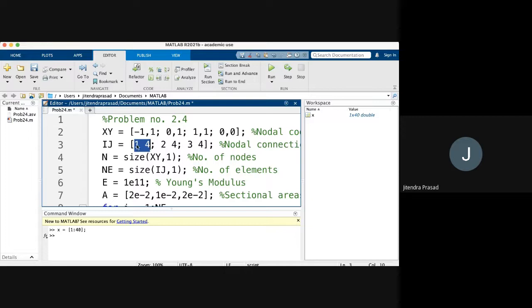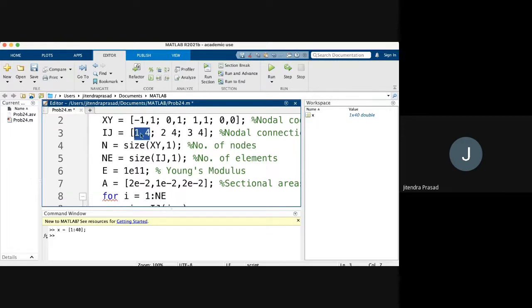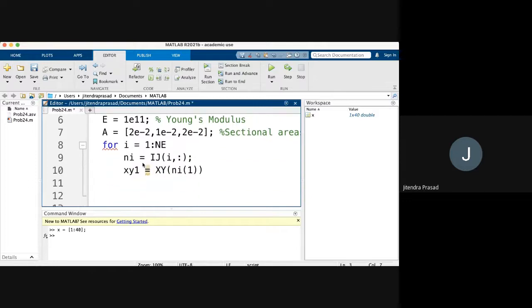Now the corresponding value we will get from here, meaning for node 1 we have to find out what the coordinates are. We get this one, and that becomes 1 1, 1 2, right? This is 1 1, 1 2, because there are only two members.